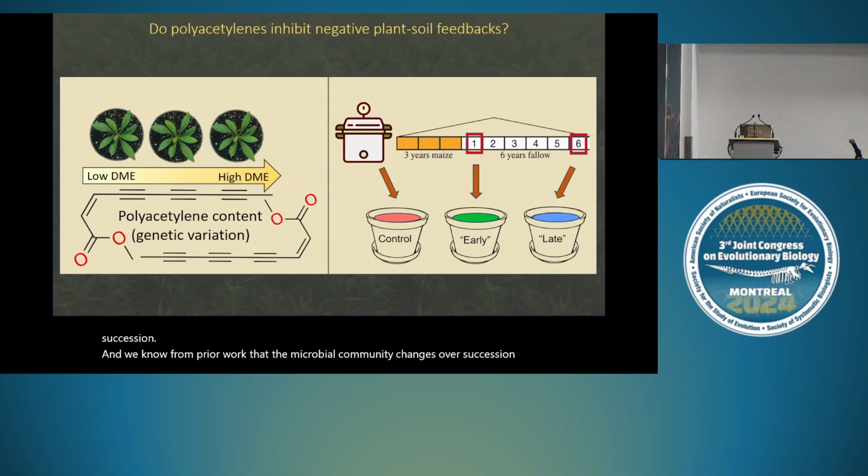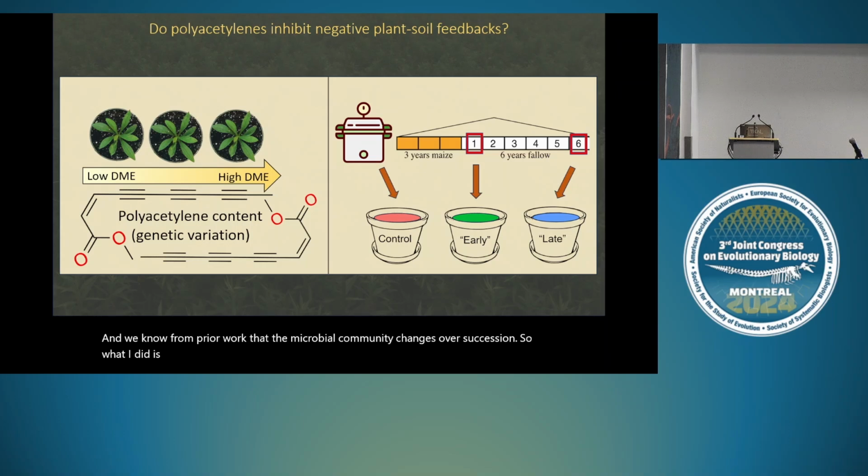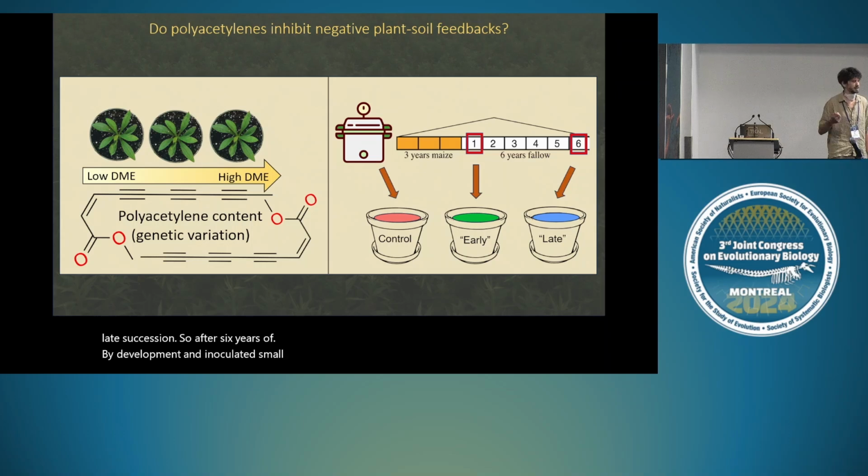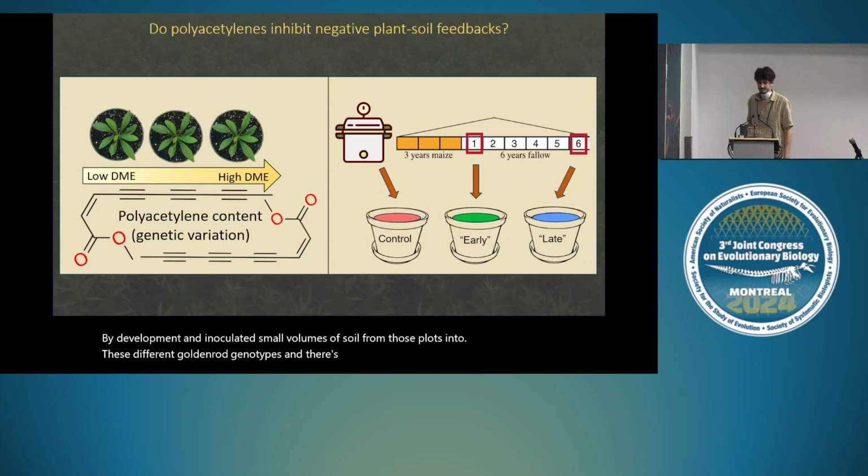So I took soils from early succession, year one after agricultural abandonment, and late succession, after 6 years of development, and inoculated small volumes of soil from those plots into these different goldenrod genotypes. There's also a sterilized control inoculum.